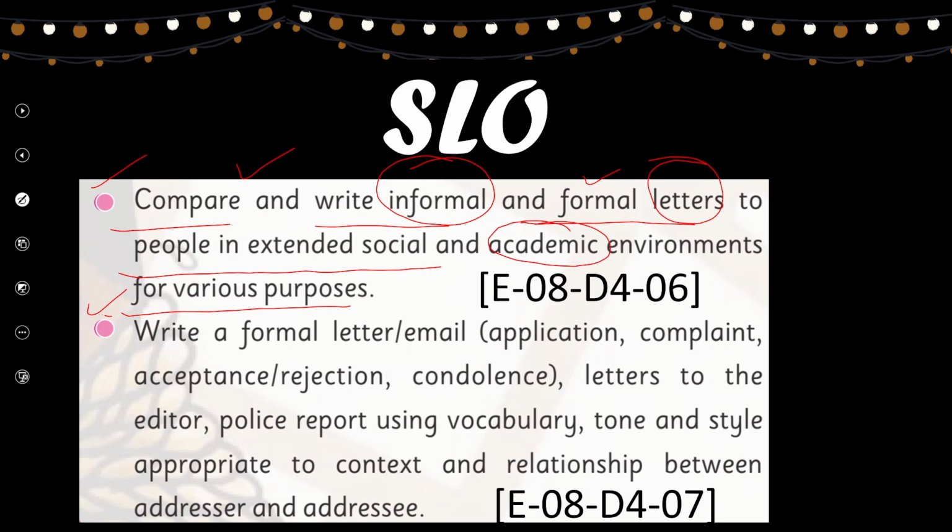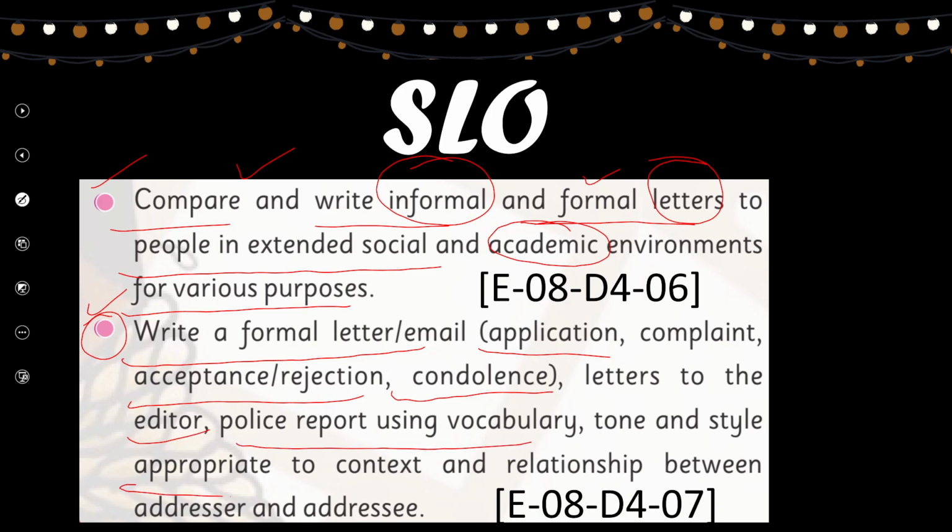And next one is to write a formal letter or email, application, complaint, acceptance or rejection, condolence, letters to the editor, police report, using vocabulary, tone and style appropriate to context and relationship between addresser and addressee. Now, here for this learning outcome, we are going to take application, and when we talk about application, it is always formal.